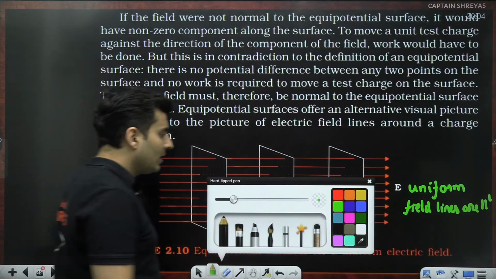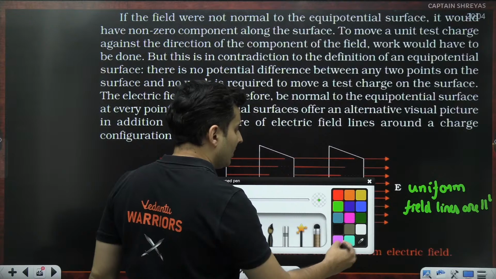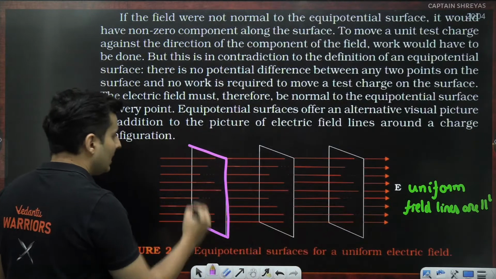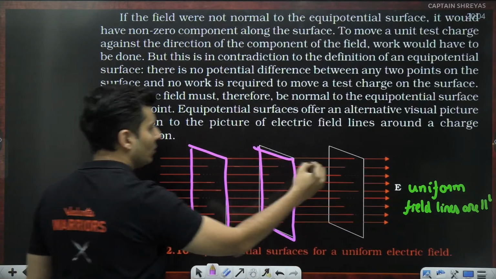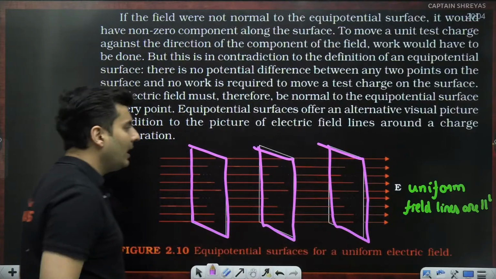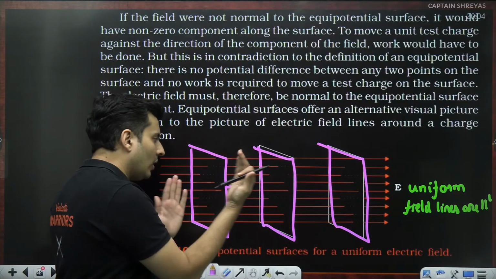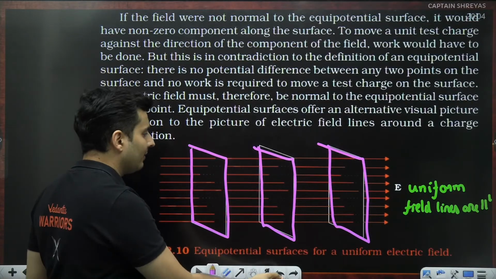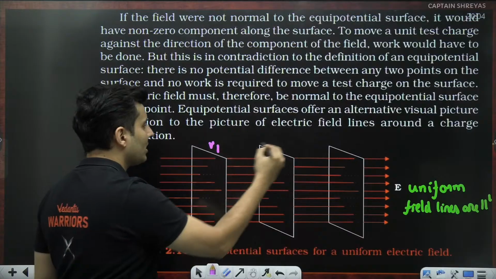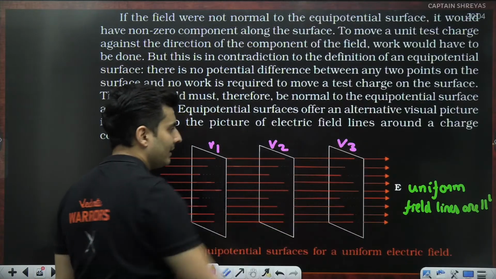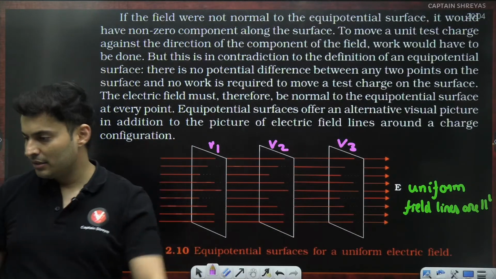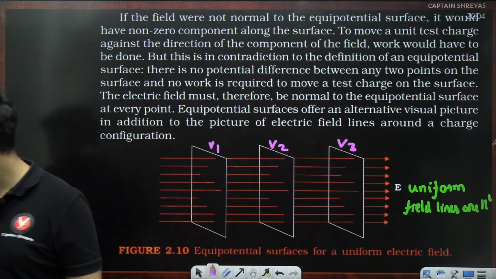That's why the equipotential surfaces shown over here are planes which are not just perpendicular but also parallel to each other, one after the other. Each plane will be potential V1, V2, V3 like that. Are you able to visualize it, everyone?